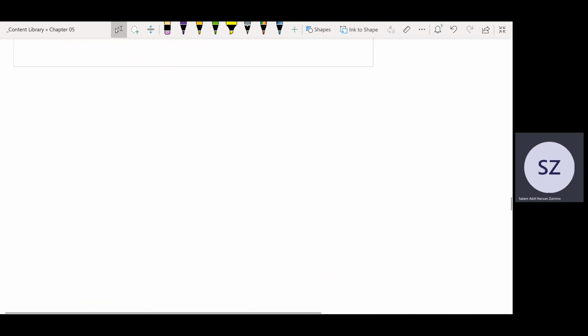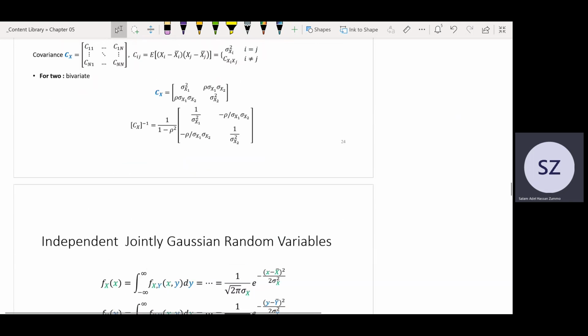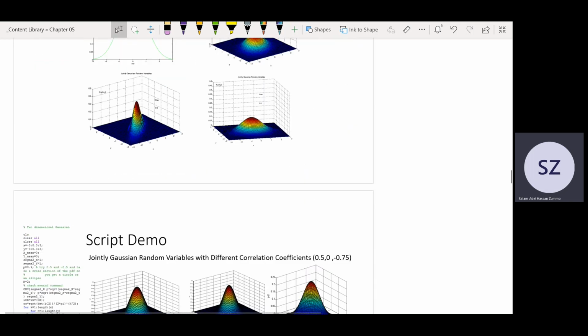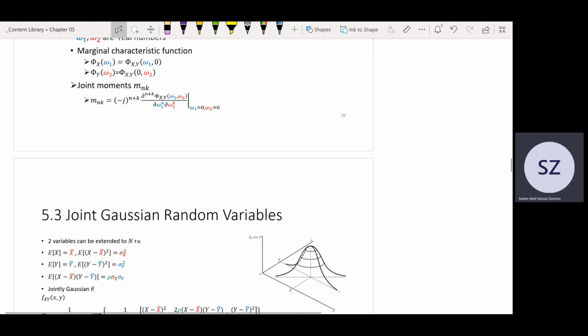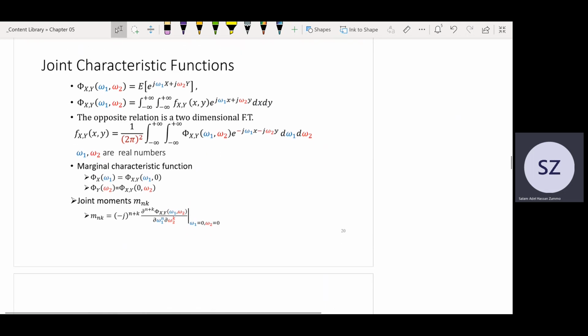Going back to where we were. Now, one thing that we would like to discuss is the joint characteristic function, the same as what we discussed for the joint PDF. The joint characteristic function of x and y is a function of two values, omega 1 and omega 2, which is the expected value of e to the j omega 1 x plus j omega 2 y.